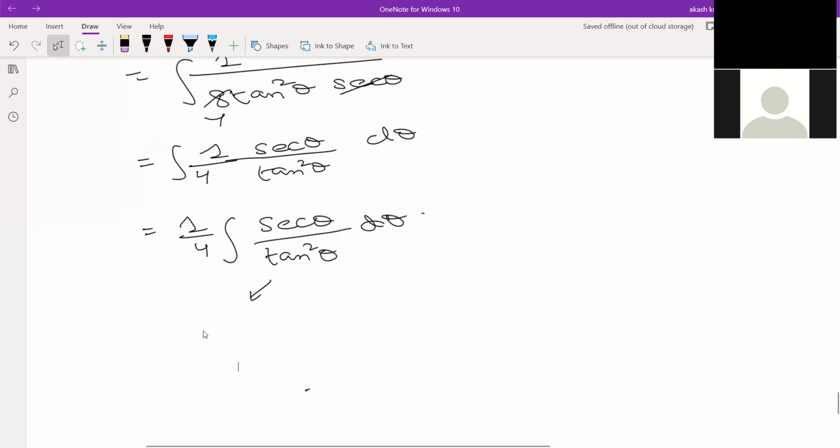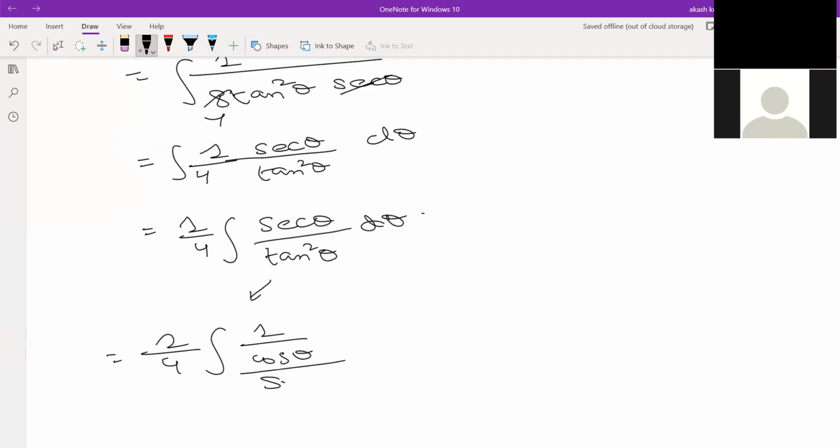Now we have to again apply the identities to convert it into a simpler function where we can apply the u substitution. We know that sec theta is equal to 1 over cos theta, and tan squared theta is equal to sine squared theta over cos squared theta, and there's d theta.